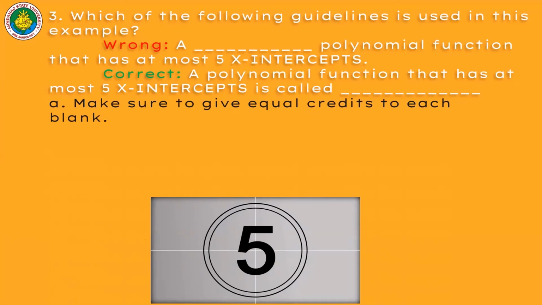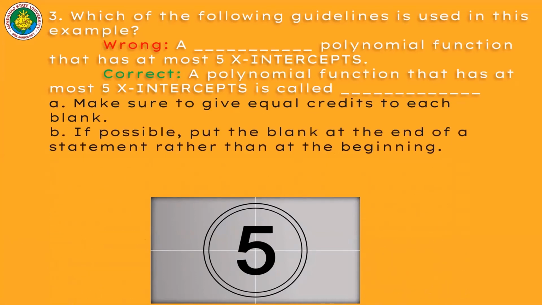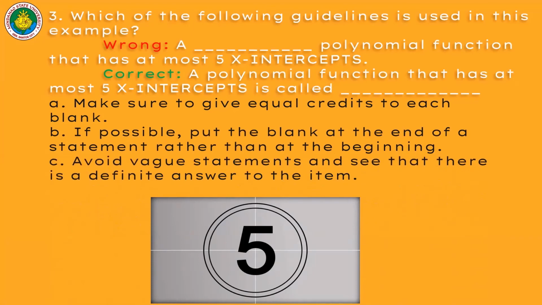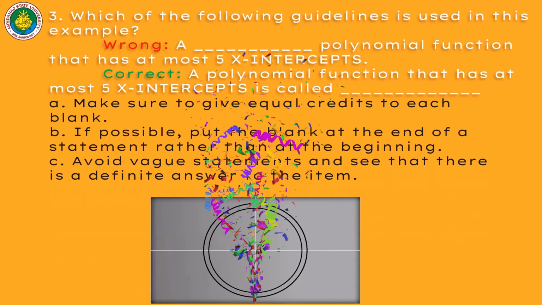Letter A, make sure to give equal credits to each blank. Letter B, if possible, put the blank at the end of the statement rather than at the beginning. Letter C, avoid vague statements and see that there is a definite answer to the item. The timer starts now. Time's up.